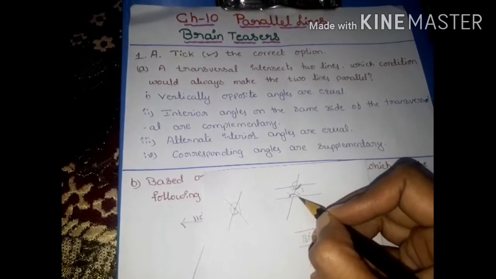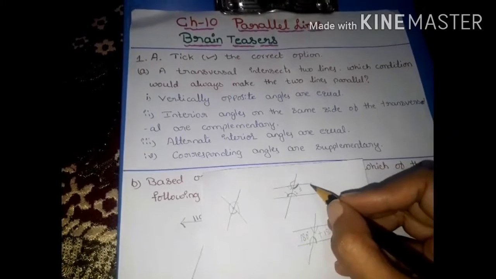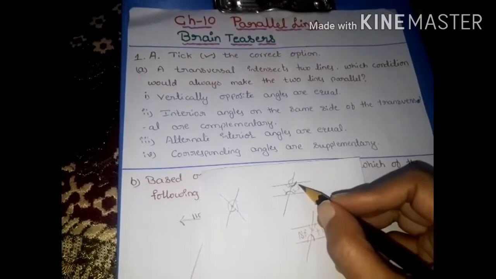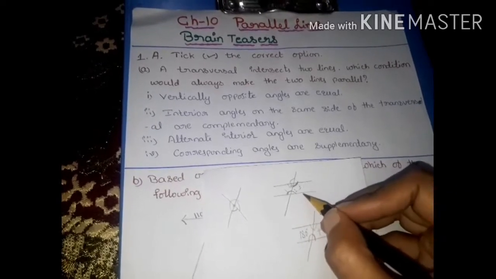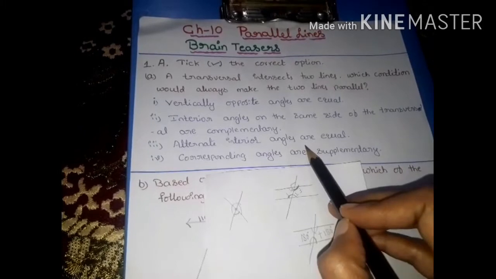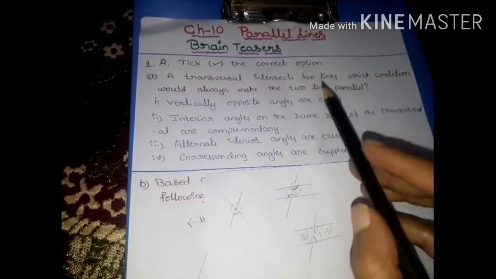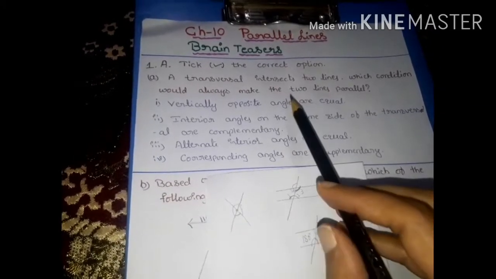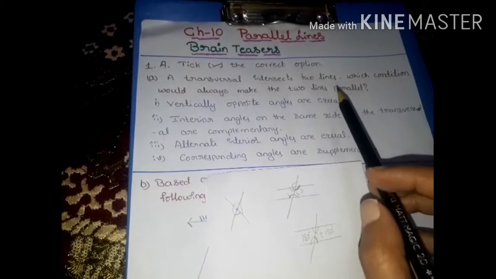Angle 4 and angle 2 are alternate interior angles. For the given lines to be parallel, alternate interior angles are always equal. So this option is the correct option for the given statement. Always alternate interior angles are equal to make two lines parallel when the transversal intersects two lines. So this is the correct option.